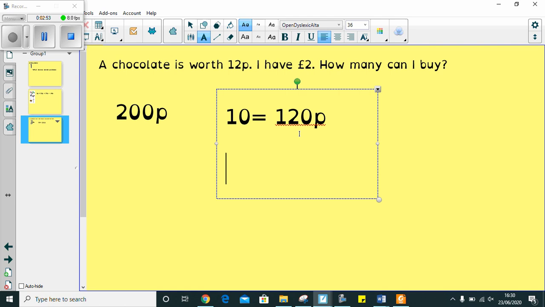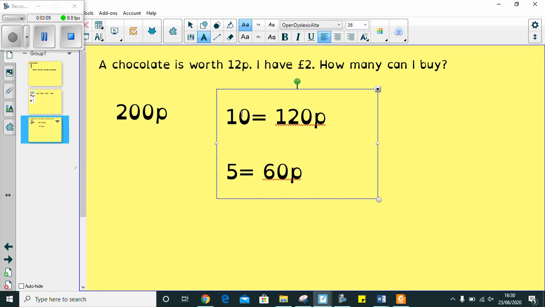Then I need to think about adding 12s on. Now, if I bought 5 sweets, that is equal to 60, because 12 times 5 is equal to 60, so that's 60 pence.